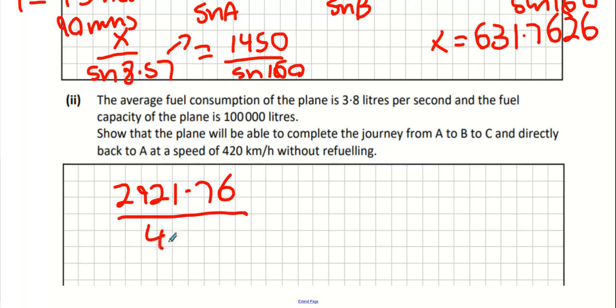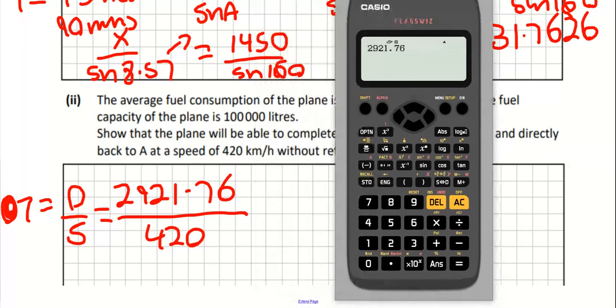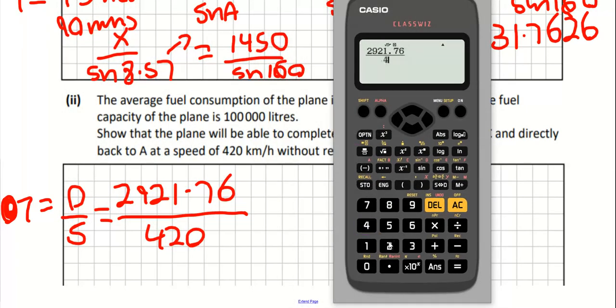I'm going to divide that by 420 to find the time, because time equals distance divided by speed. So it just saves me doing all the separate calculations. I divide that by 420, and I'm going to get 6.956 hours.